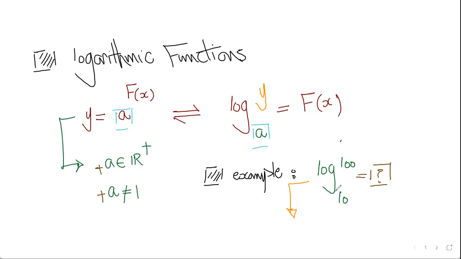That's how we find it: start from the base, I write 10, then move counterclockwise to the box I need to find, and it has to equal this number, 100.